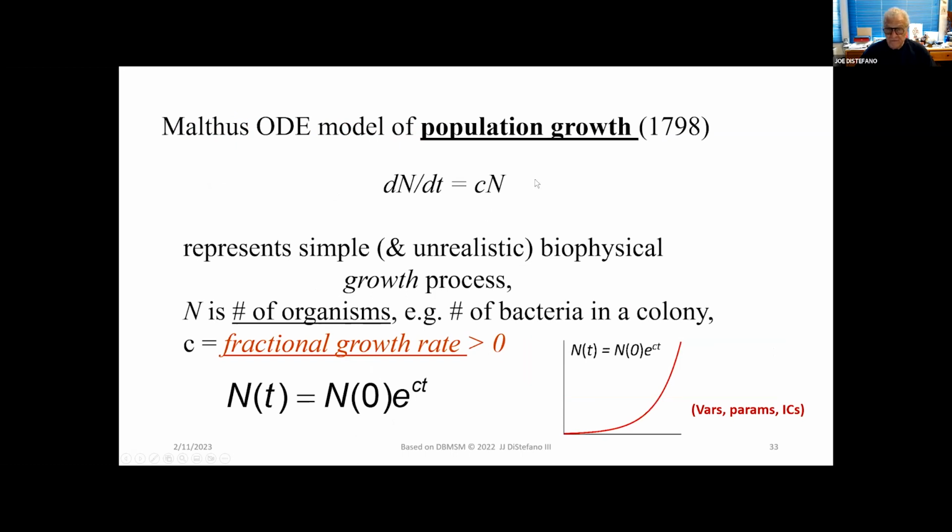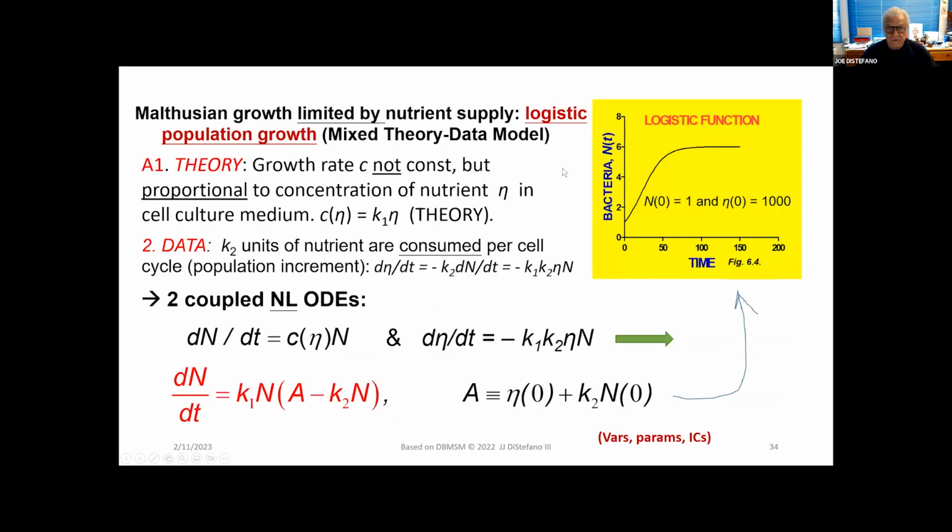Then a model of population growth, and its solution, of course, is this unrealistic model of Malthusian population growth. And then coupling it, which later became limited by nutrient supply and became the logistic population growth equation. So here we now have our first 2 coupled differential equations and their solutions.